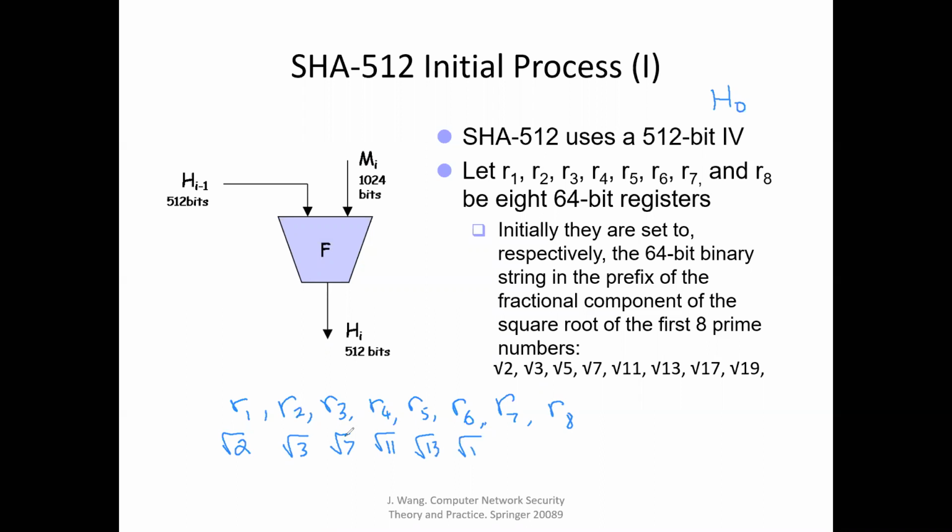Oh, so this should be 5, right? So it's the square root of the first 8 prime numbers: 2, 3, 5, 7, 11, 13, 17, and 19. And then the first 64 binary digits.